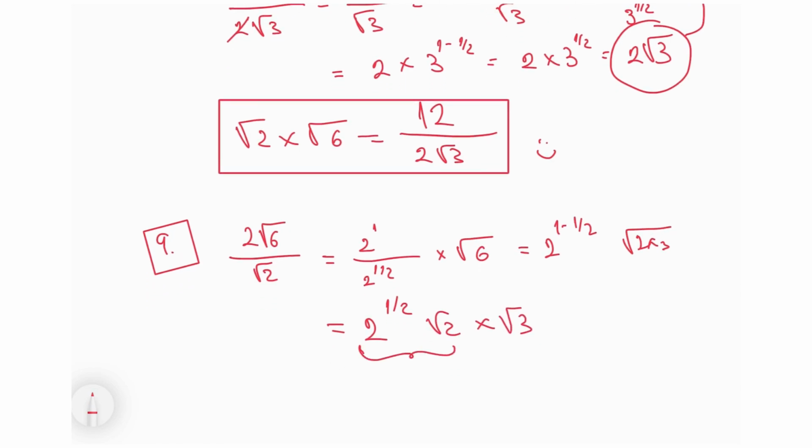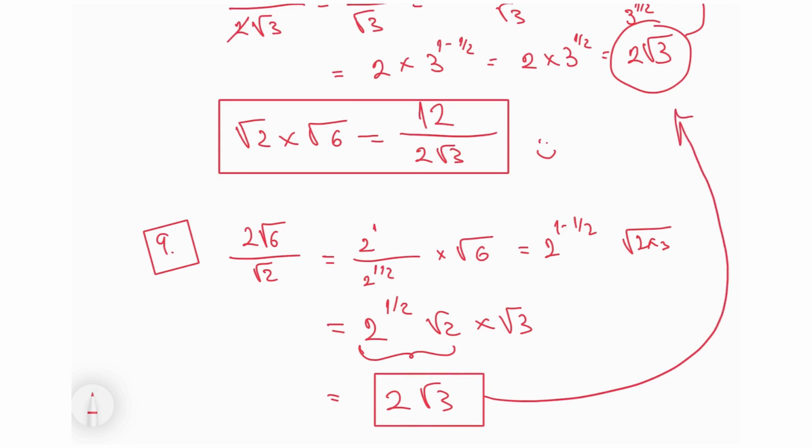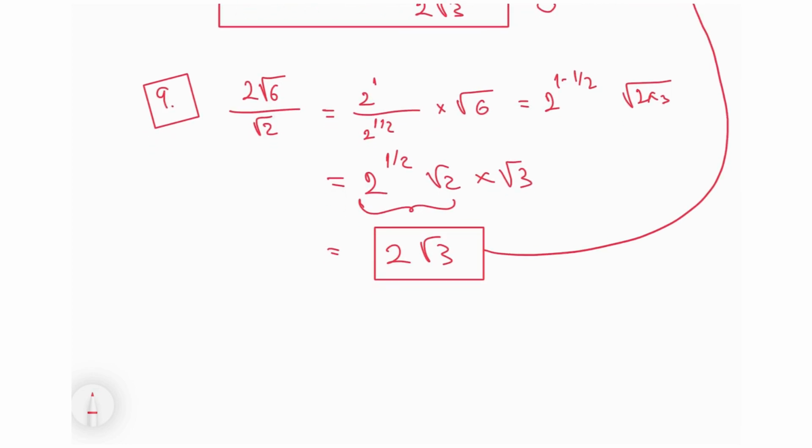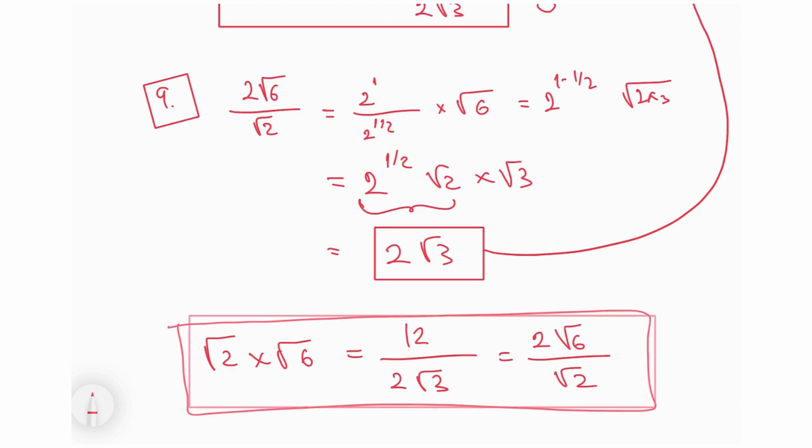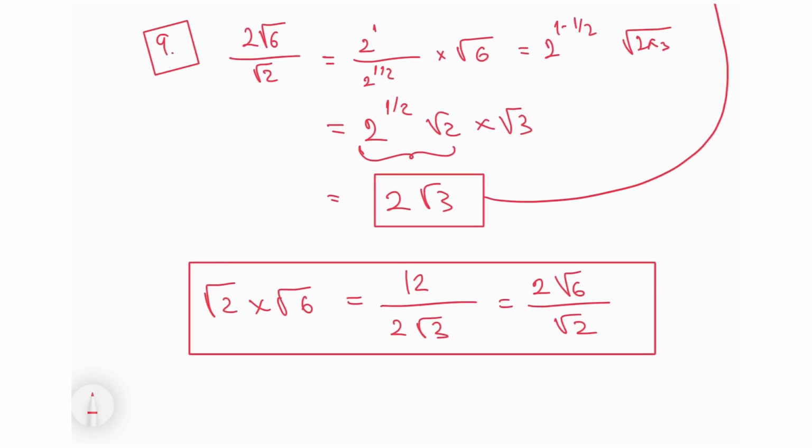And this here is simply 2 square root 3. And again, if you compare with this, it is the same result. So we can write square root 2 times square root 6 equals 12 over 2 square root 3 equals 2 square root 6 over square root 2. So all these actually are the same.